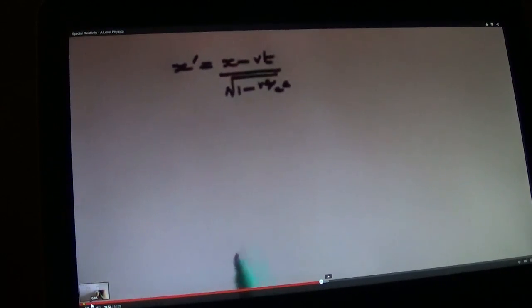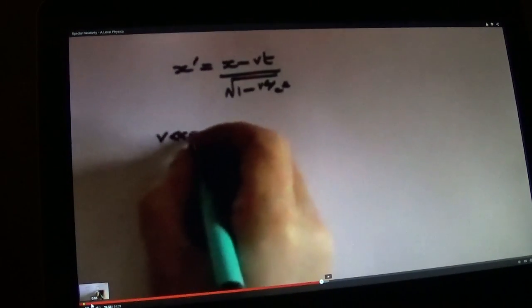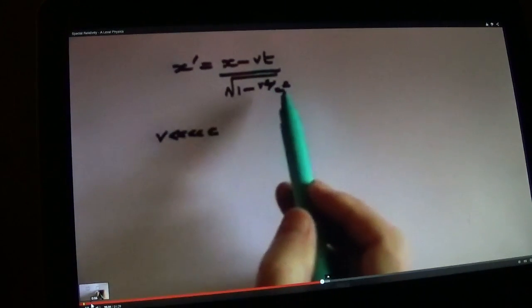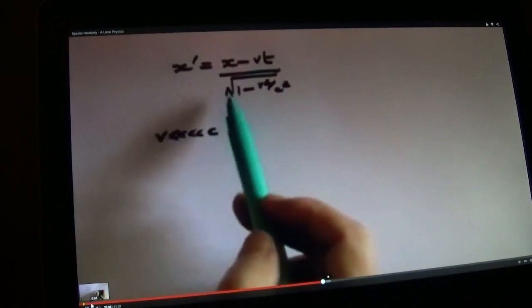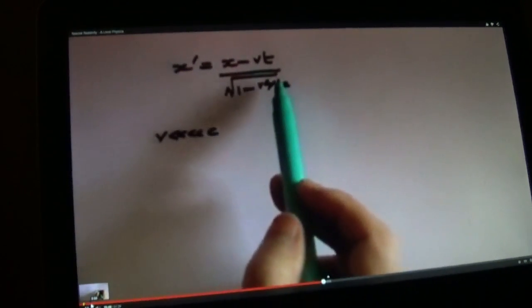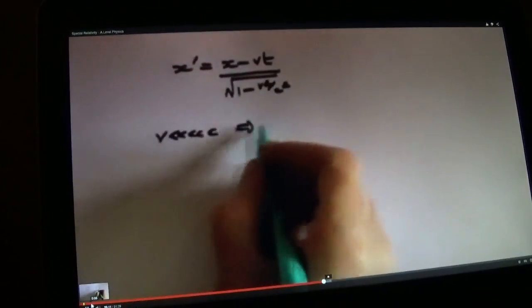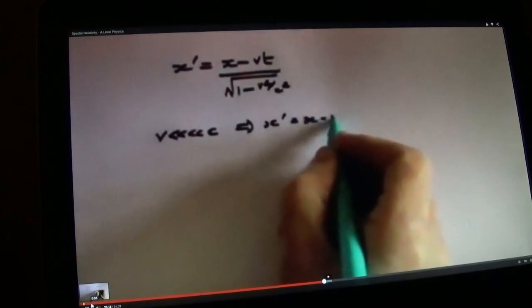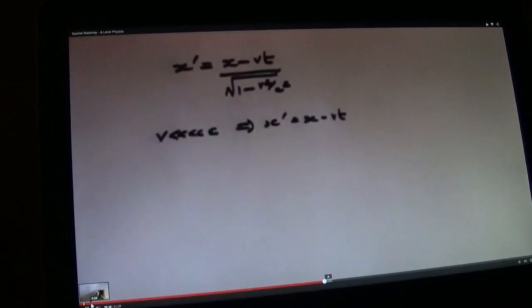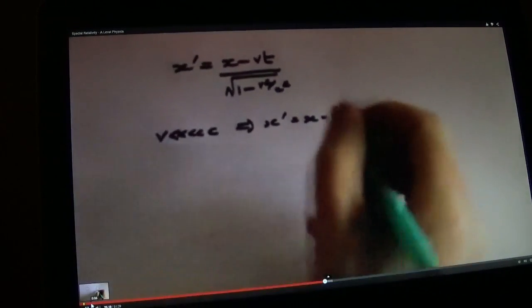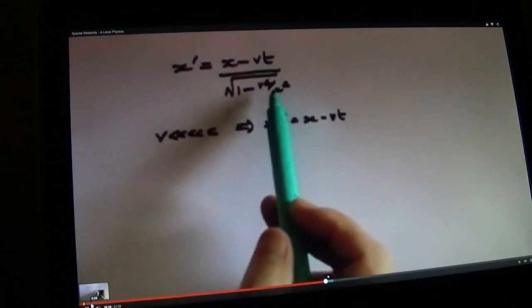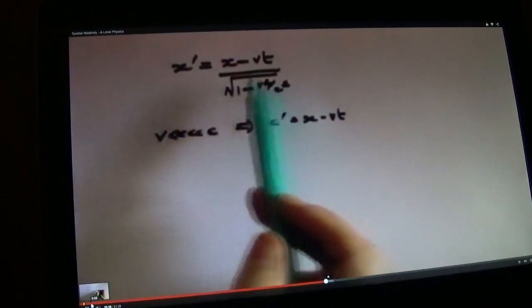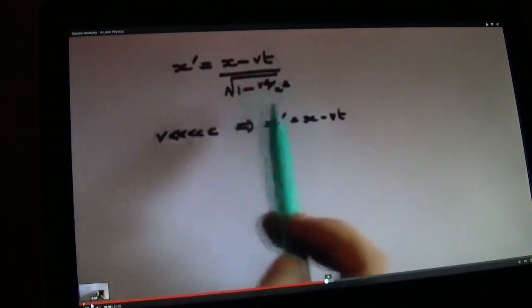Now you'll notice something, that if the velocity is very, very, very much less than c, the speed of light, that v squared over c squared becomes effectively 0. And therefore you're just left with the square root of 1, which is 1, and that means that x prime equals x minus vt, which is what we thought was the case all along. It's only when v approaches or gets close to the value of the speed of light that this relativistic term comes into effect.